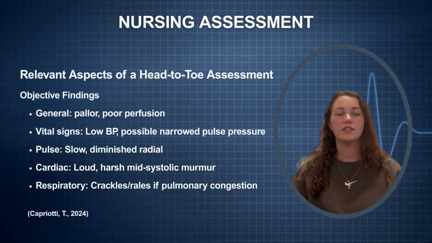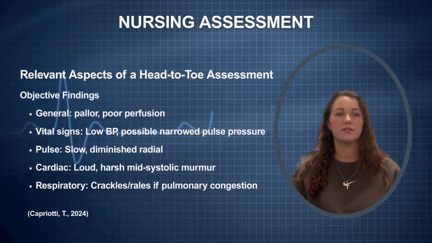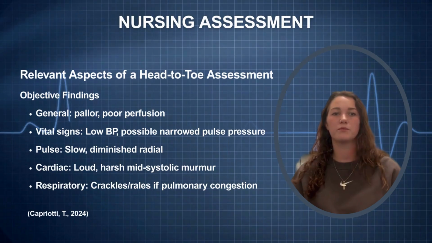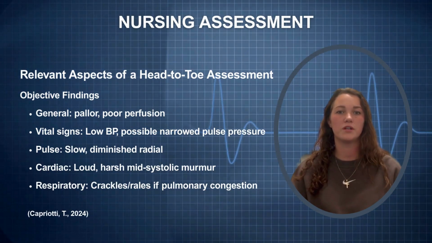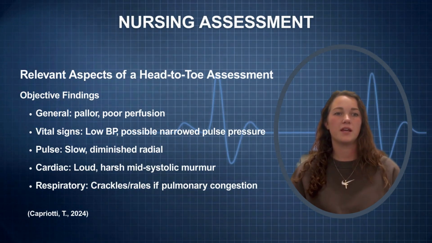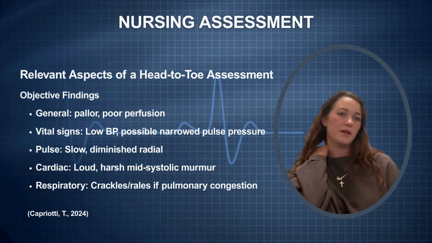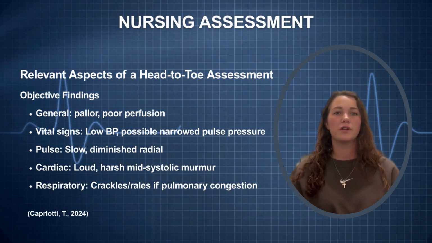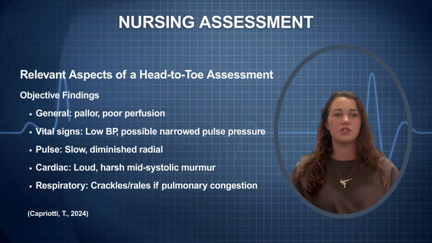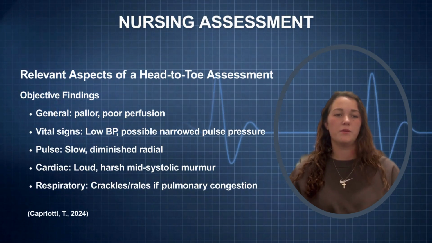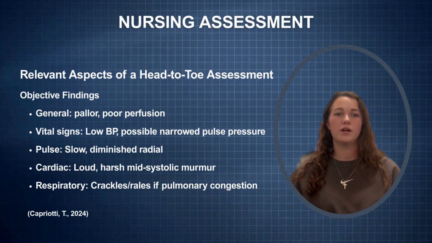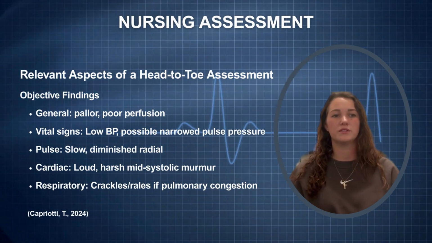In some severe cases, confusion or decreased level of consciousness can appear from reduced cerebral perfusion, and oliguria may indicate decreased kidney perfusion. Vital signs may show low blood pressure or a narrow pulse pressure, as well as changes in the heart rate. The pulse assessment will often show a slow, diminished radial pulse.